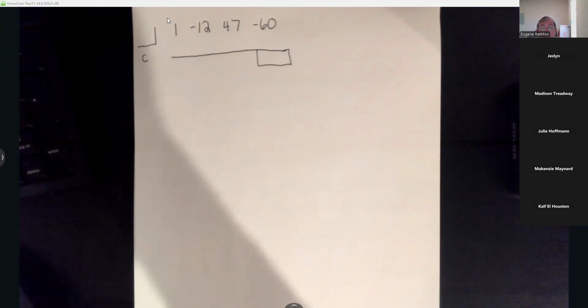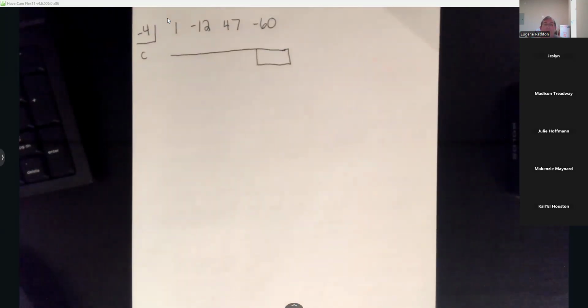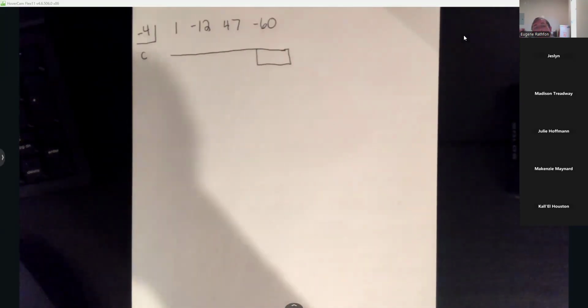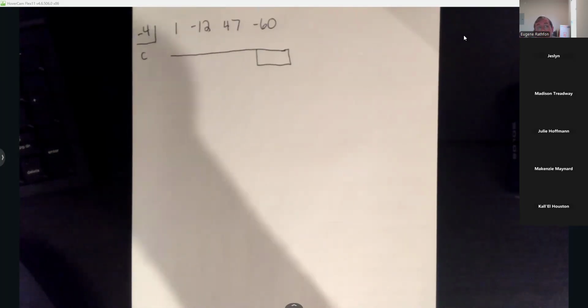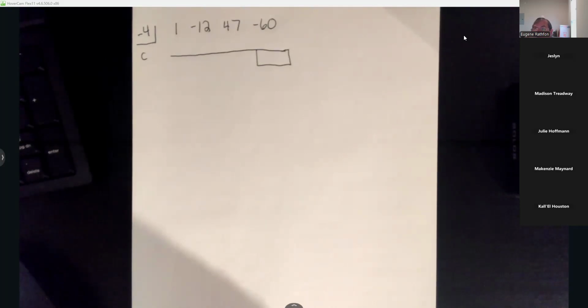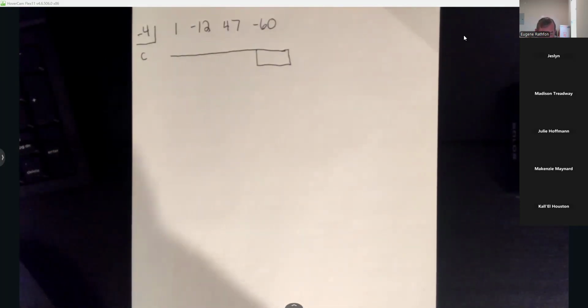So this time, since they want me to find f of negative 4, my C will be a negative 4. These give me the same answer that I would get if I put that negative 4 in for the x's on that polynomial and punched it on my calculator, okay?